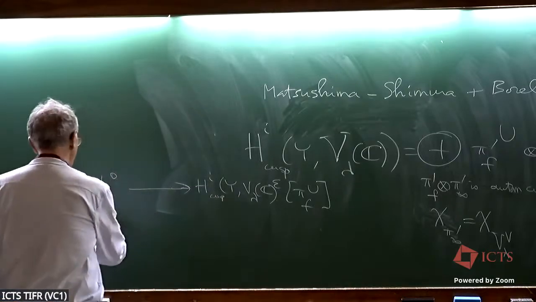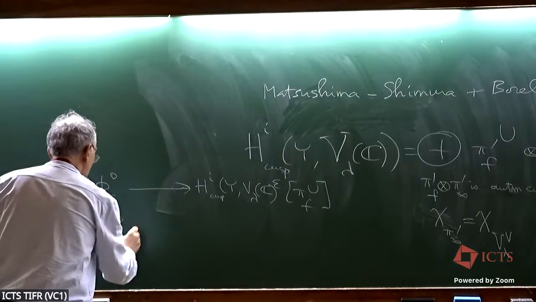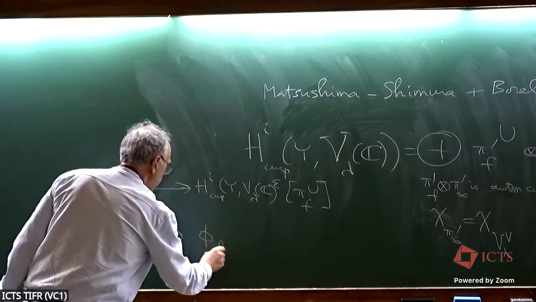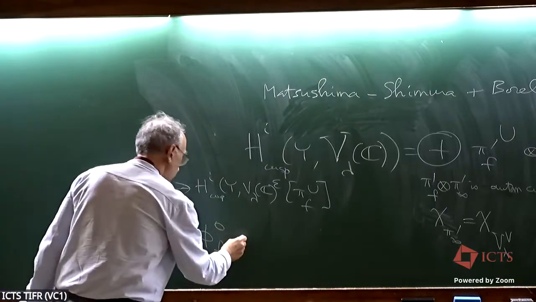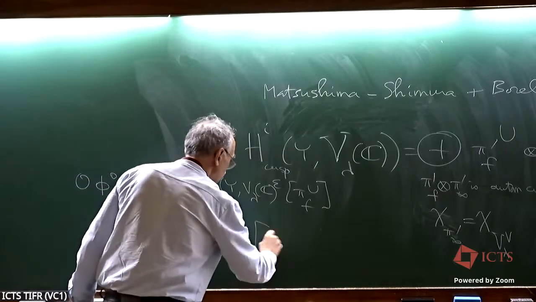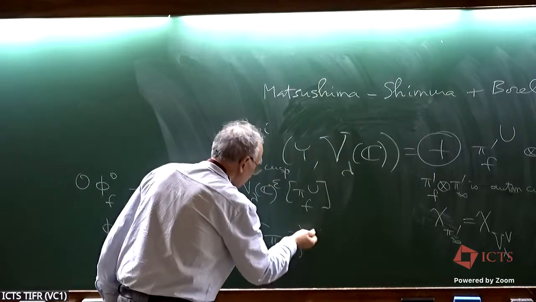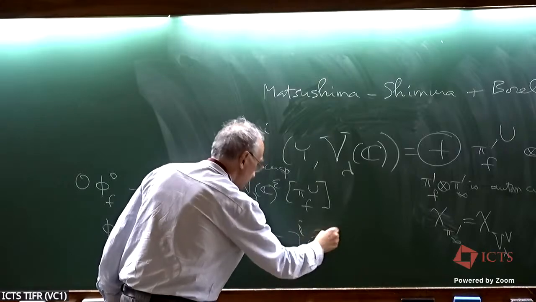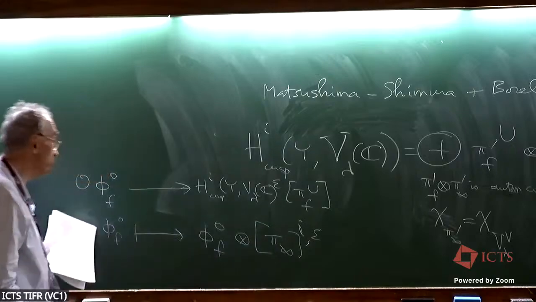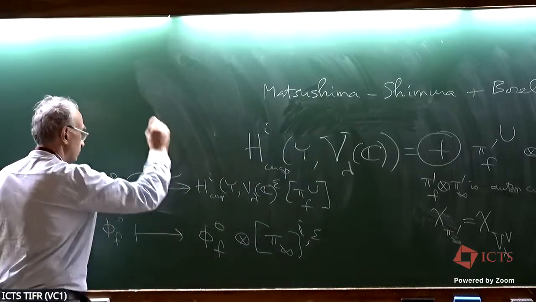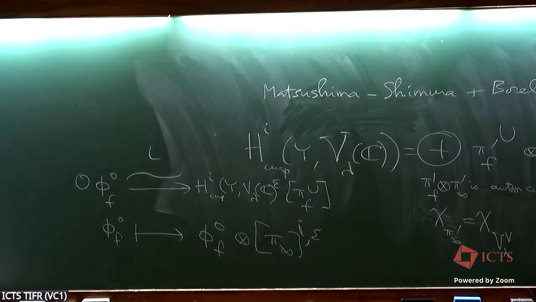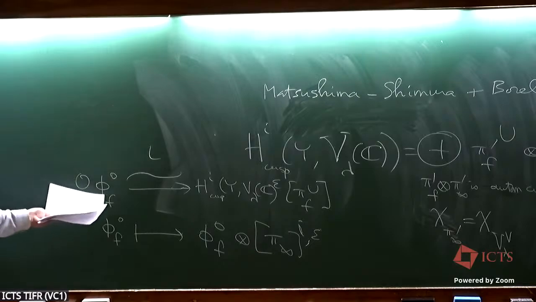It's given by the formula phi_f^0 goes to phi_f^0 tensor pi_infinity, all these indexes, but I epsilon. So you just choose a basis, and that's iota. And this is Eichler-Shimura.